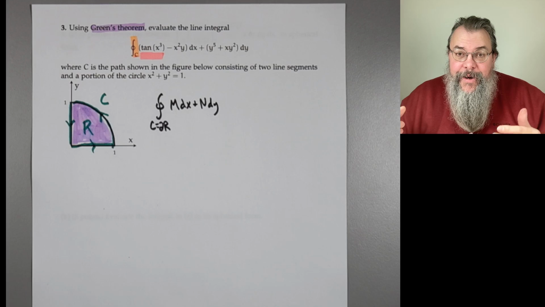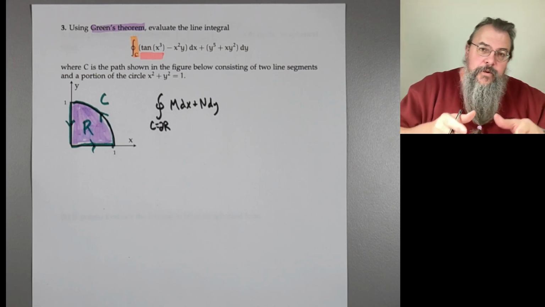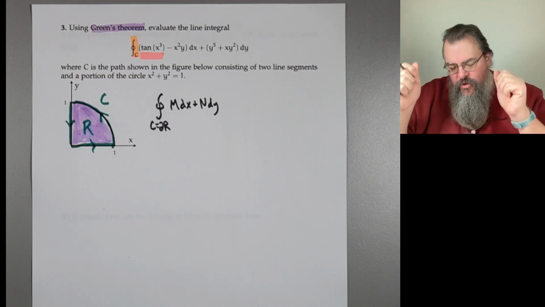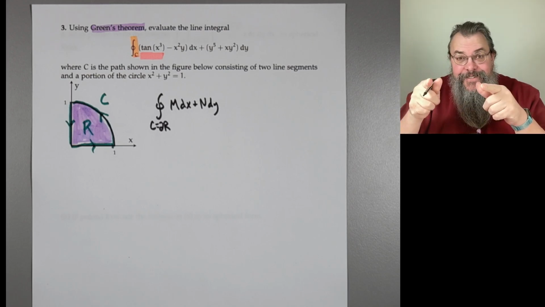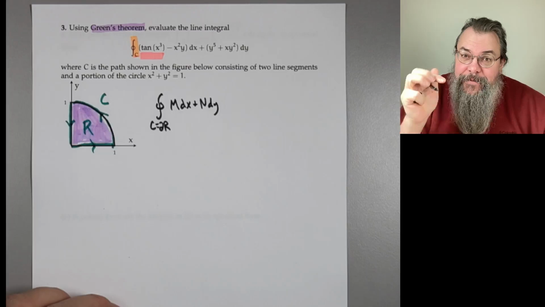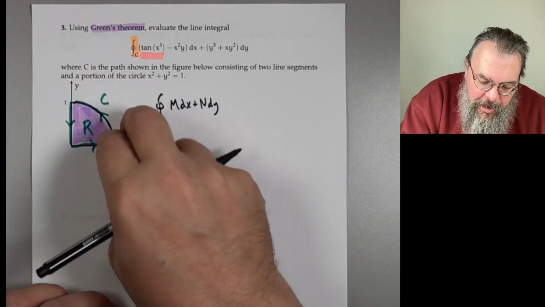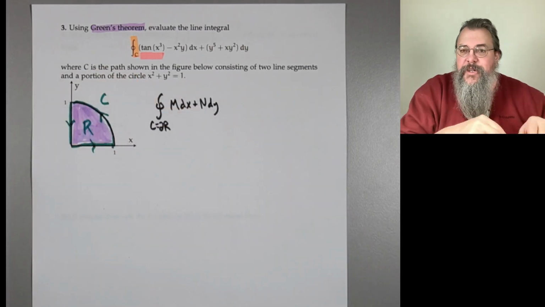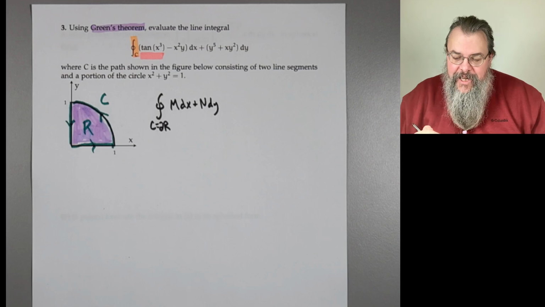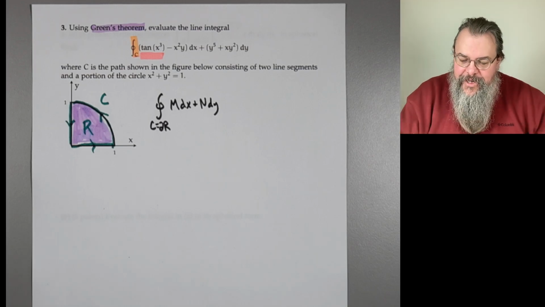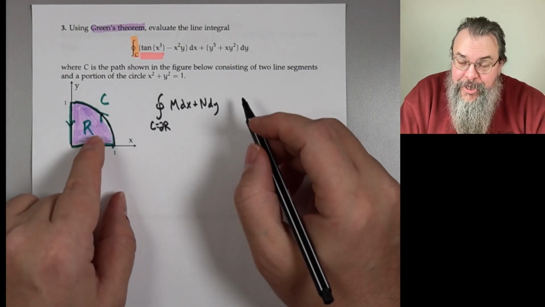I remember the song, to the left: when you walk the curve, keep the region to your left. We want to make sure that our region is to the left-hand side of ourselves.